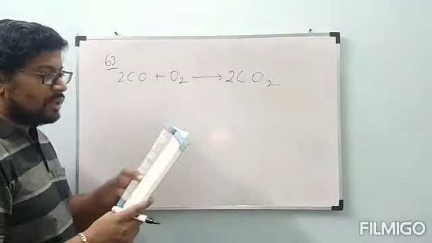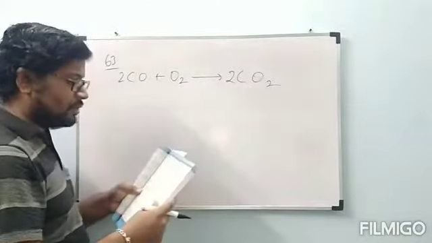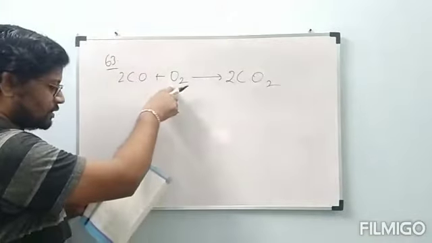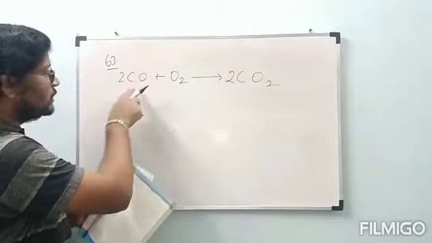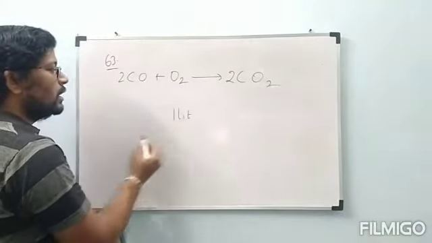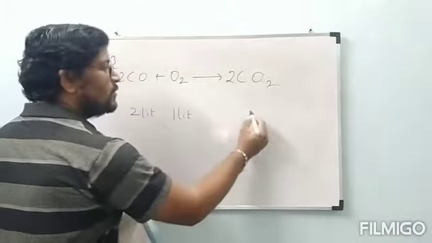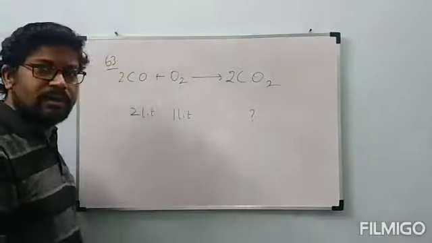Now what is the question? The volume of CO2 formed. We have to find the volume of CO2 formed when 1 liter of oxygen reacted with 2 liters of CO. What is the volume of carbon dioxide formed?